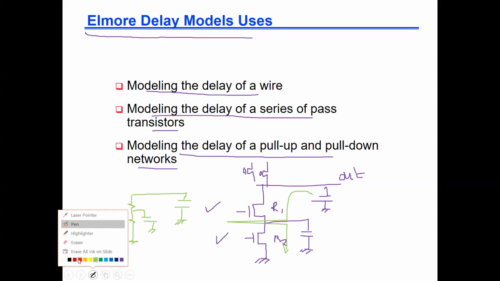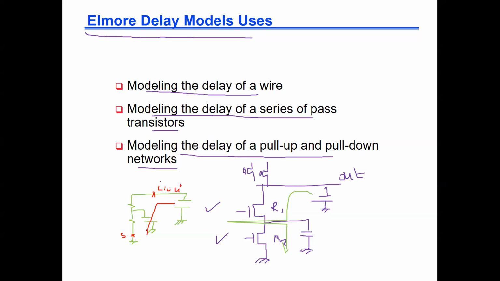My source node is the ground, because I'm pulling things to ground, and my I node of the Elmore is the output, because I am pulling the output all the way down to follow the source node, which is my ground. So we can use Elmore to derive the delay for a gate.